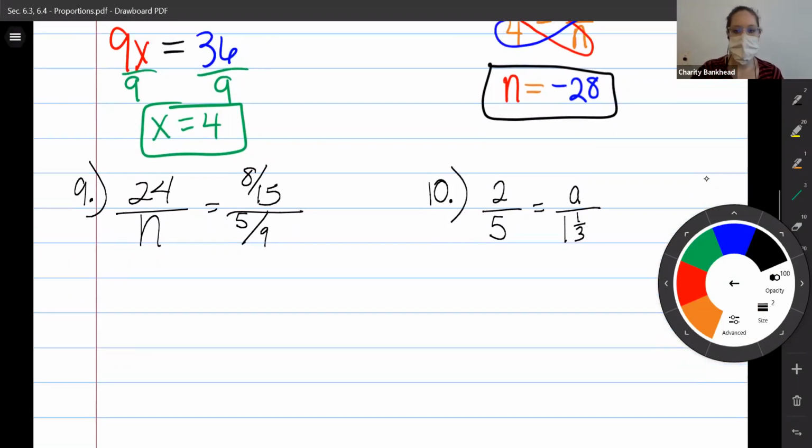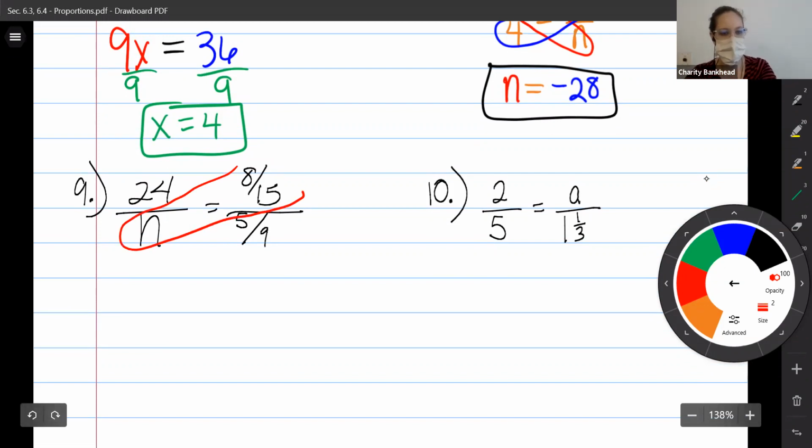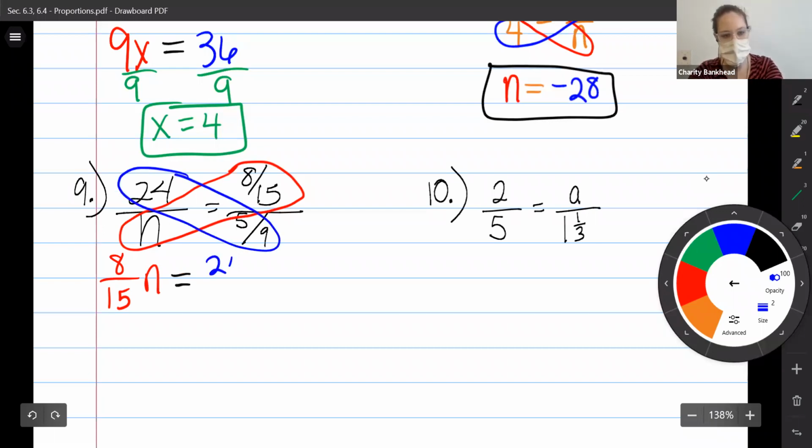All right, number 9, I guess I'll just go ahead and cross multiply. So 8/15 times n, I'm just going to write that as 8/15 n equals, and then I've got to do 24 times 5/9. So 24 is the same thing as 24/1.